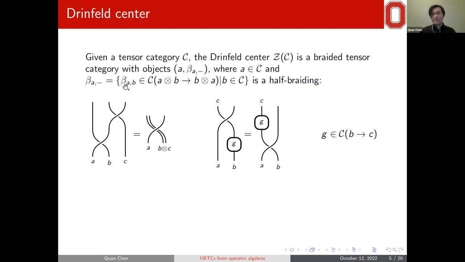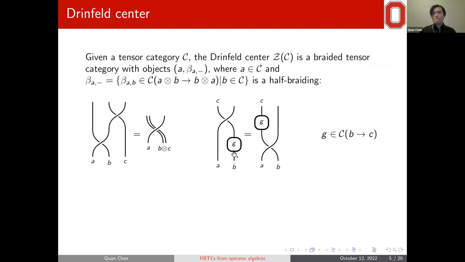Beta AB is an isomorphism from A tensor B to B tensor A, such that they only satisfy half of the braiding condition, which means if you braid A and B and then A and C, it should be the same as braiding A with B tensor C, and also half of the naturality.